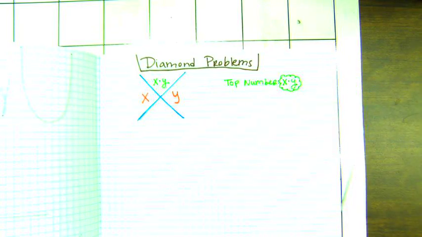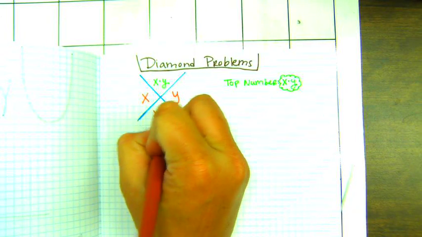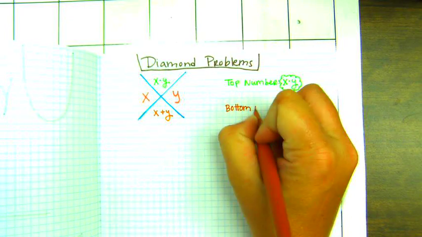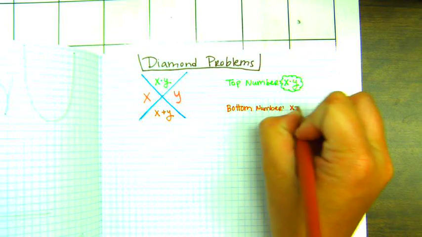To get the top number, you're going to multiply those together. And to get the bottom number, you're going to add those numbers together. So that's going to be x plus y. Bottom number is going to be x plus y.